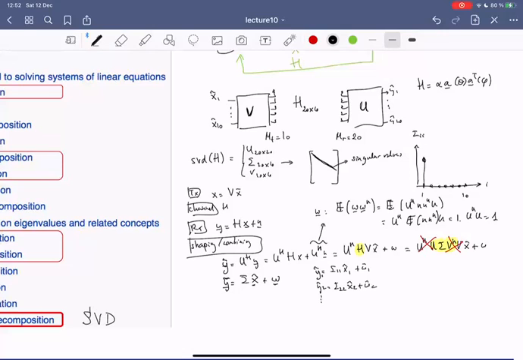And so forth up until y tilde 10, which is sigma 10,10 x tilde 10 plus w10.